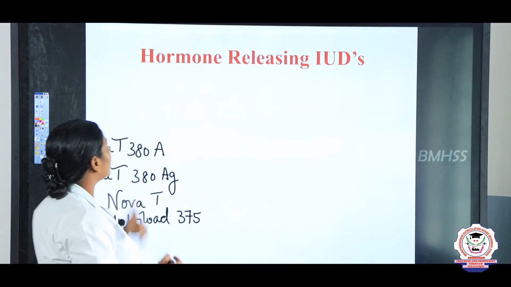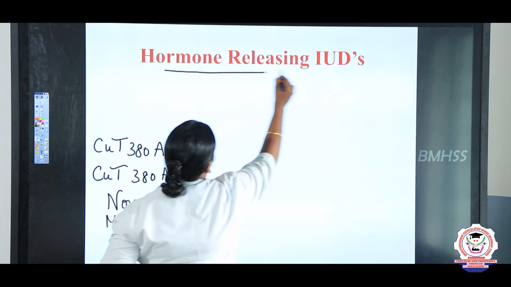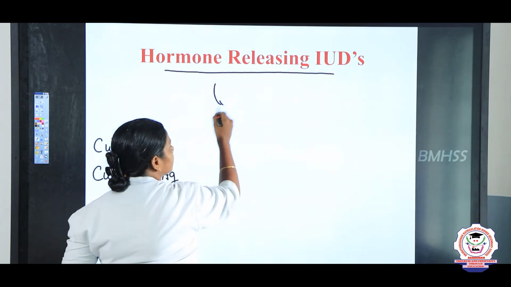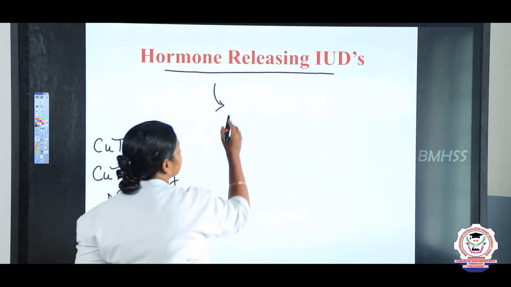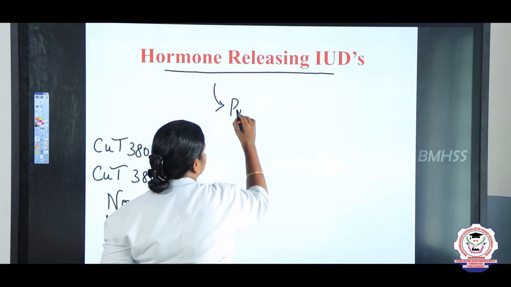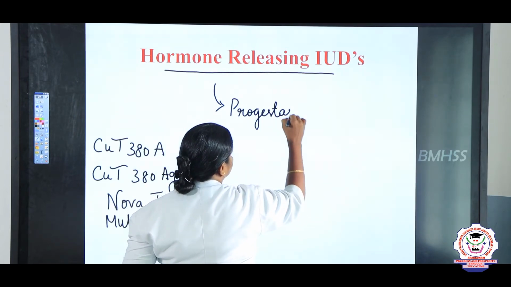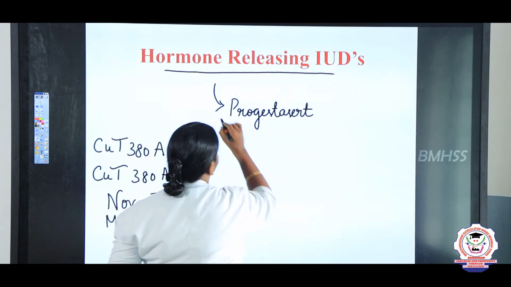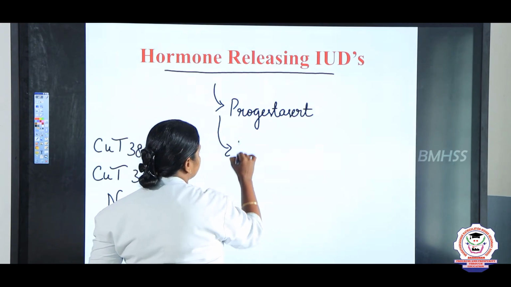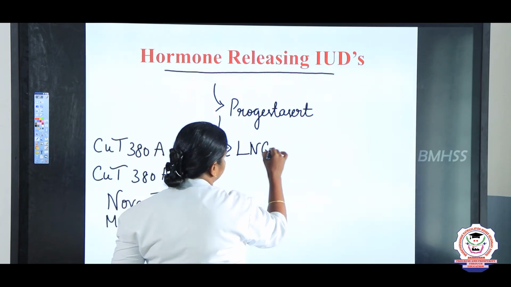The next one is the hormone releasing IUDs. There are 2 types of hormone releasing IUDs, progesterone and LNG-20.